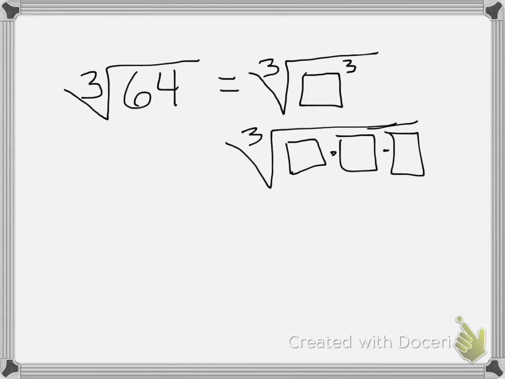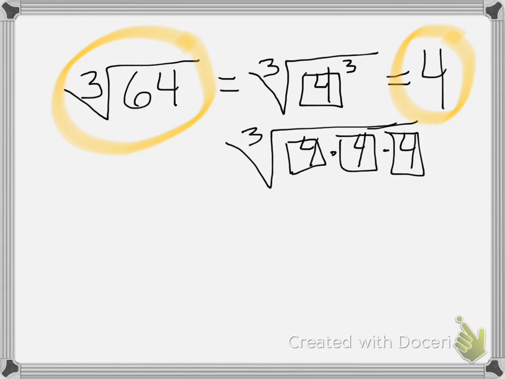I just have to make sure all 3 of those things are the exact same thing. So 64, let's think. 4 times 4 is 16, times another 4 is 64, so it must be 4. So I can put a 4 in there. So the cube root of 64 is 4. So the answer to this problem is 4.